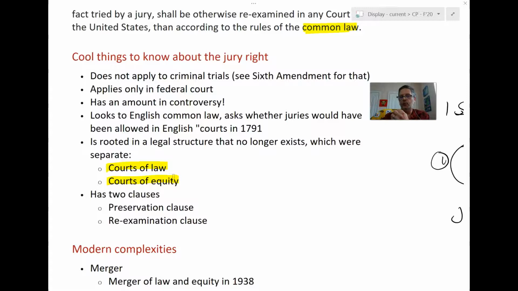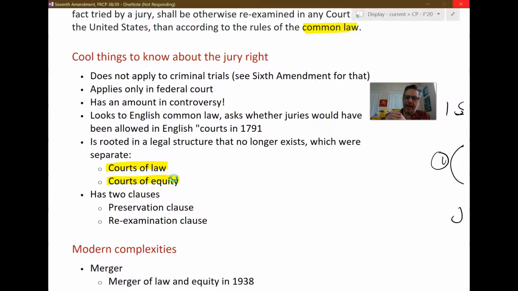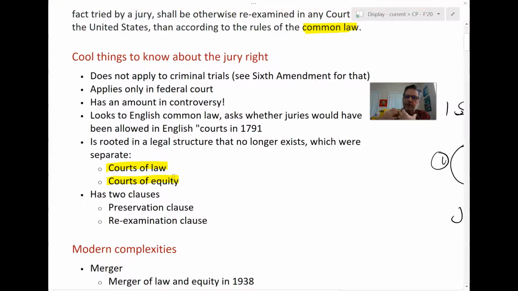People like that who served as the king's or the queen's chancellor, they would basically be the person to whom you would appeal when you had some sort of wrong done to you and you needed some form of exceptional relief that could not be remedied by a court of law.